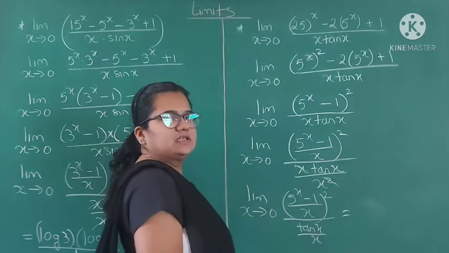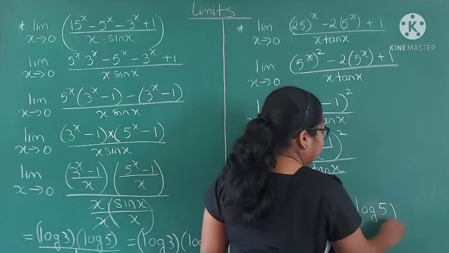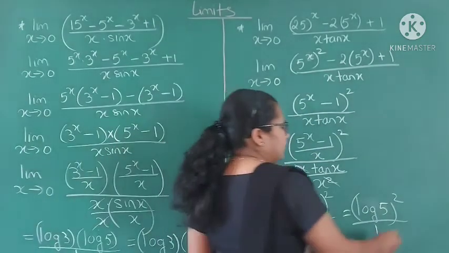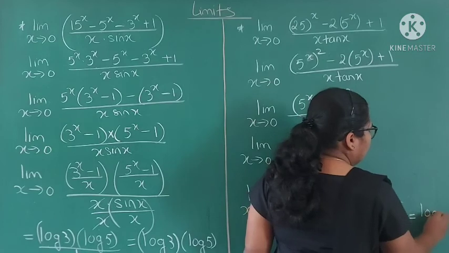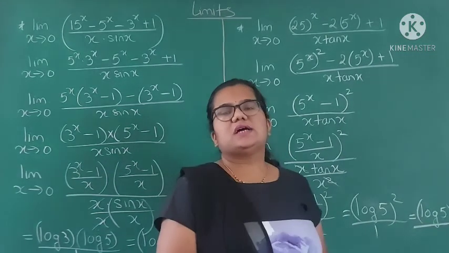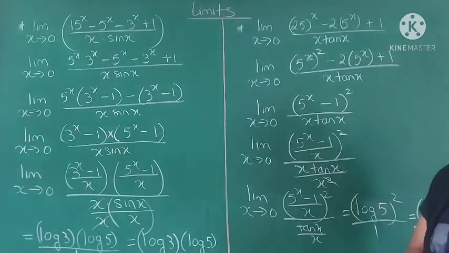So what is this answer equal to? This limit value is log of 5 whole square and tan x upon x is 1. So what is your final answer? It is log of 5 whole bracket square. So this is the answer for the given sum. Okay? Clear? Both the examples.